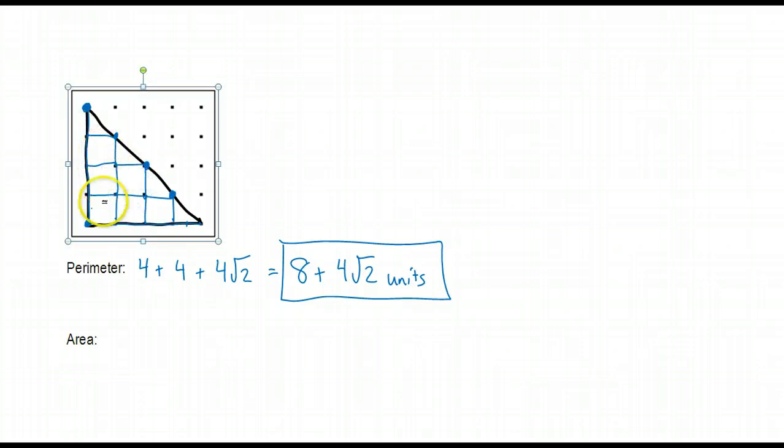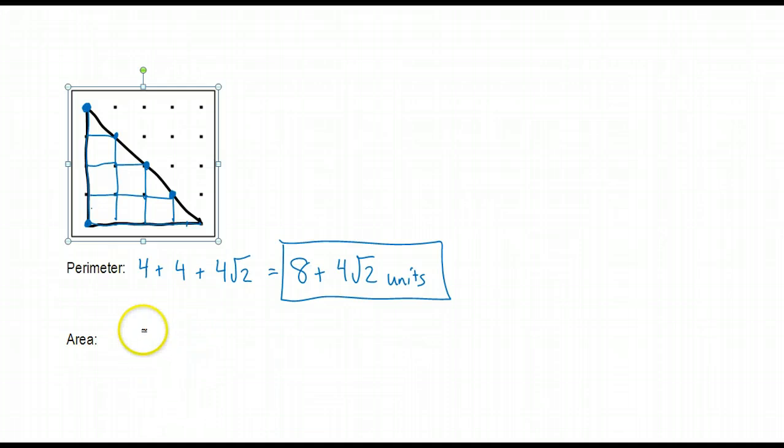So I have 1, 2, 3, 4, 5, 6 full squares, and if you look, I have 1, 2, 3, 4 half squares. So I have 6 plus a half plus a half plus a half plus a half gives me a grand total of 8.